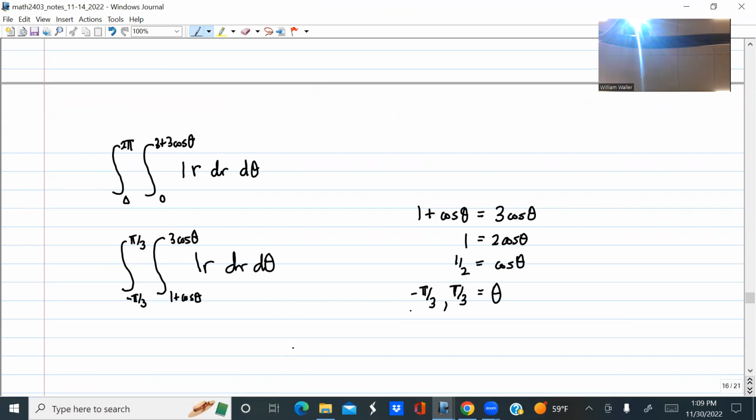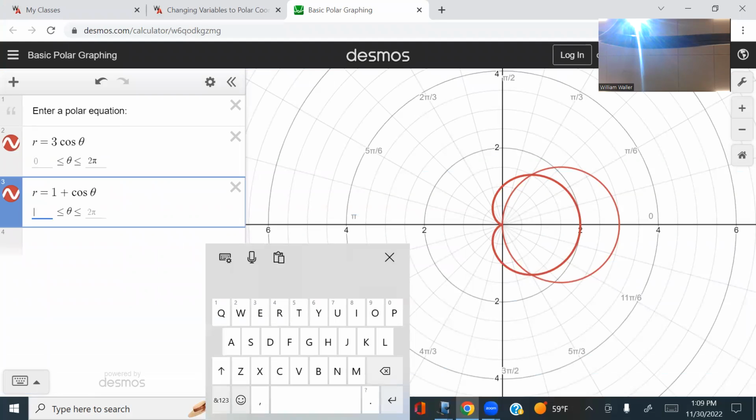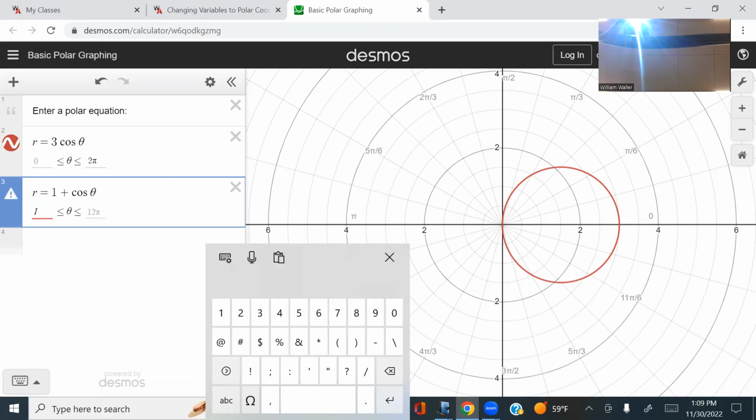Let's change this. When we're plotting these, let's change this from pi over 3. We're running out of time.